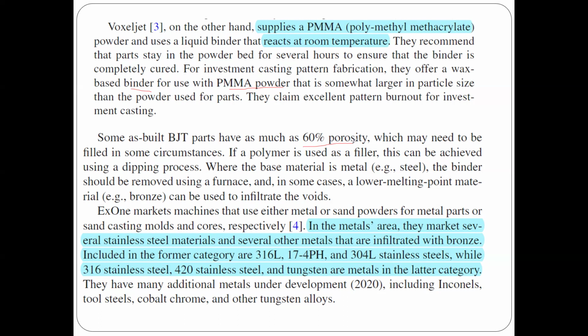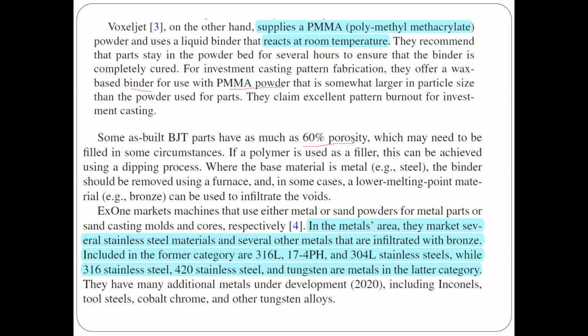In the metal area, they market several stainless steel materials and several other materials that are infiltrated with bronze. Again, if you search, a lot of research is there where the steel-based components are infiltrated using bronze, because in this case you need to fill the material for the infiltration at a lower temperature. So generally low melting point metals are the better options here.